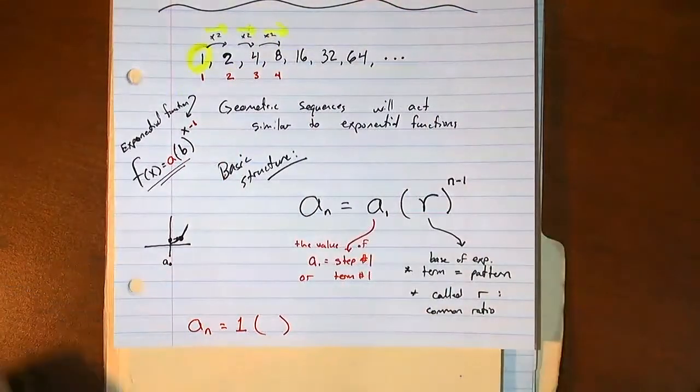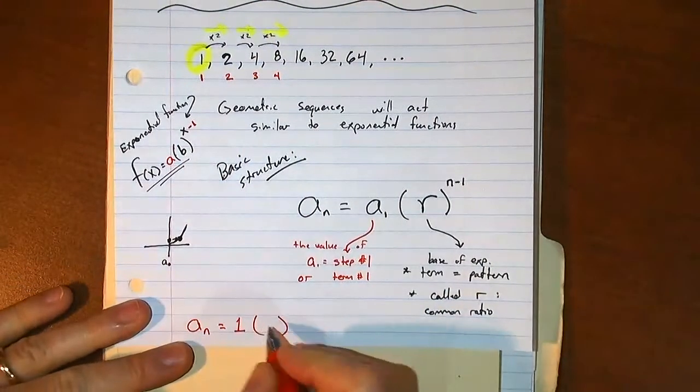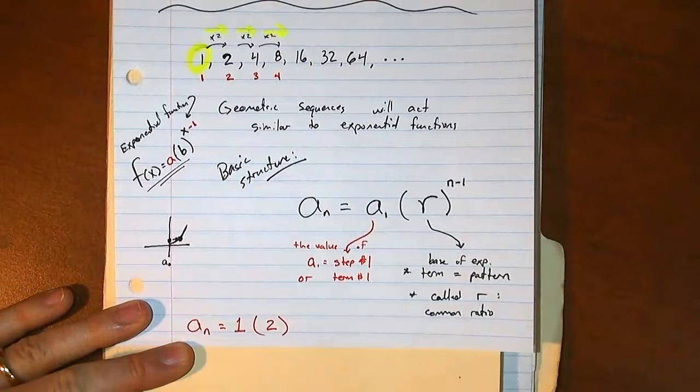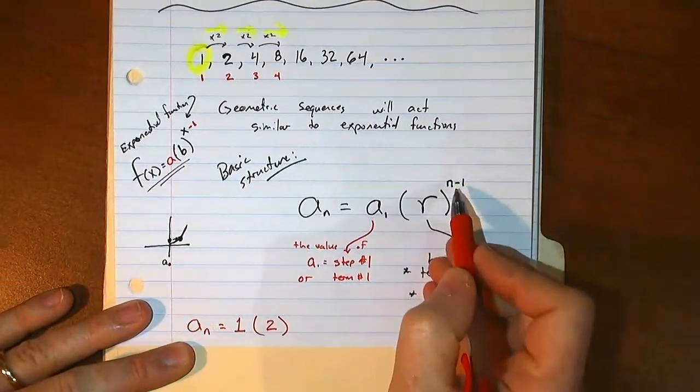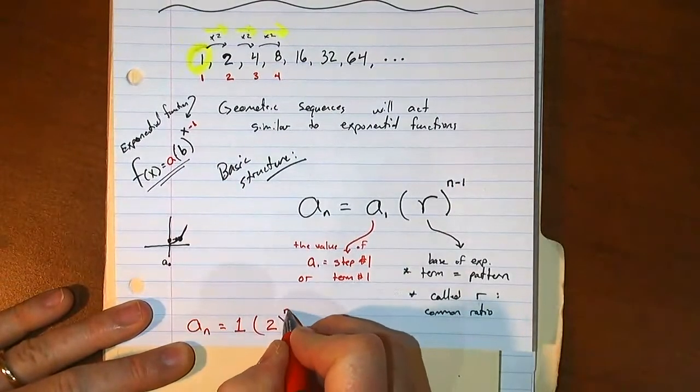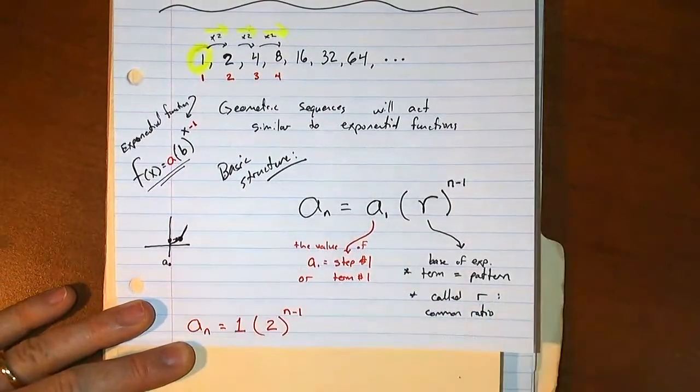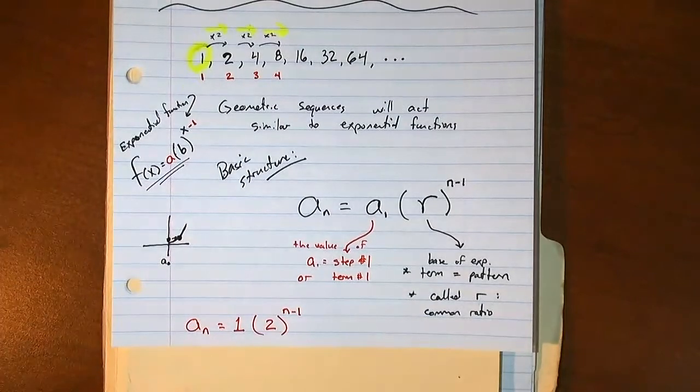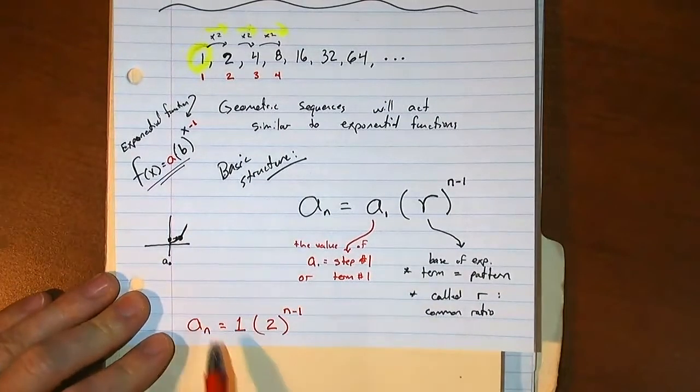And so that's what would go here, a 2. And then I've got an exponent, and the exponent is always going to be n minus 1. And so this would be the equation of that particular geometric sequence.